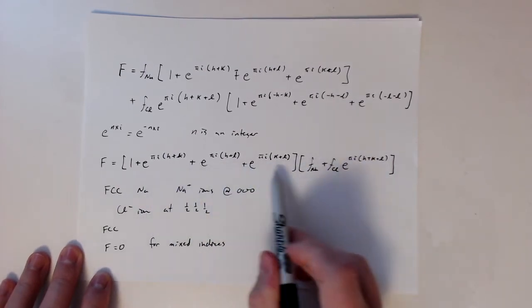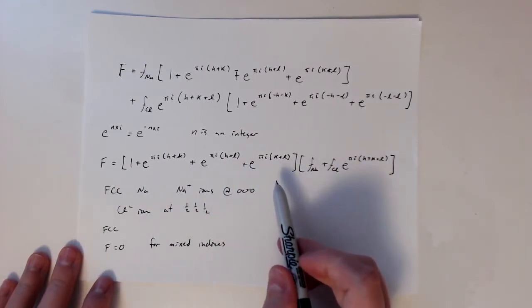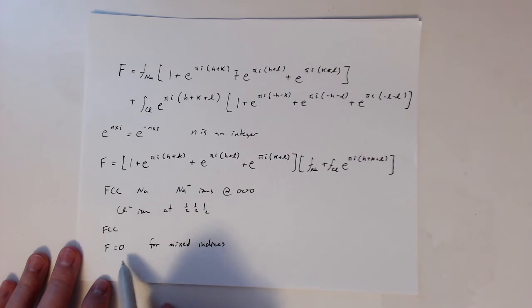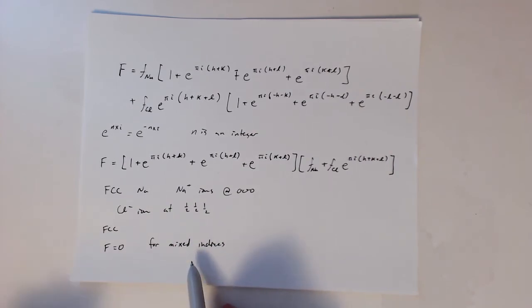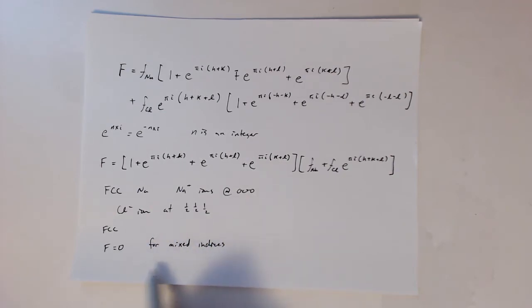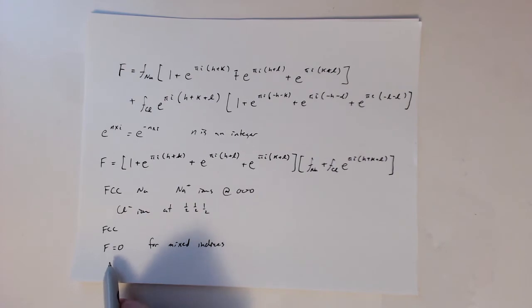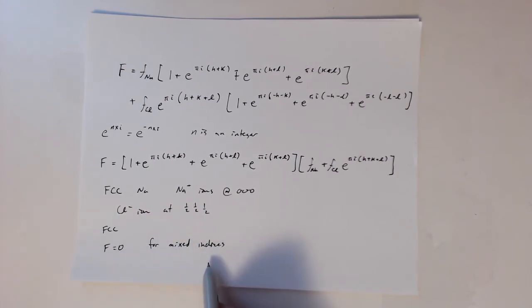And if you look at this expression, you can hopefully prove that to yourself, that you'll get 0 if you have a mix of odds and evens. So you might do that in addition. So this rule also applies to sodium chloride. For sodium chloride, we also have this term is the same. But we're going to have some additional constraints as well.